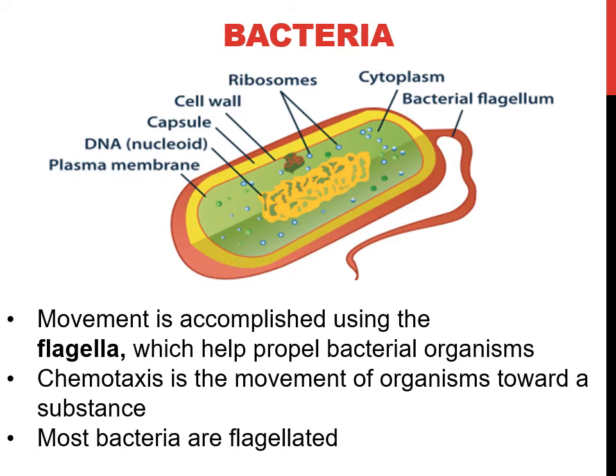So a chemical is a substance. Taxis is moving. So someone last semester used the term taxi to remember chemotaxis. So you could use that to remember it. But it's basically movement of cells from one area to another. It doesn't have to be bacteria, any cells, towards a chemical that's attracting them.